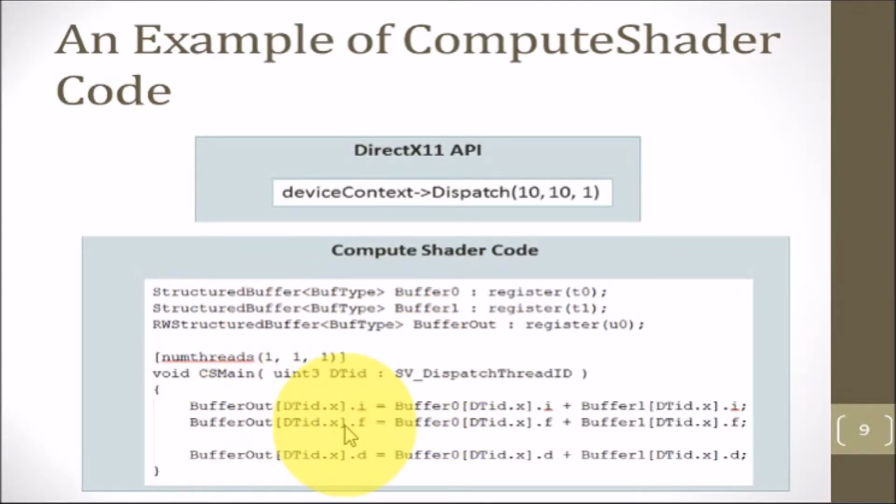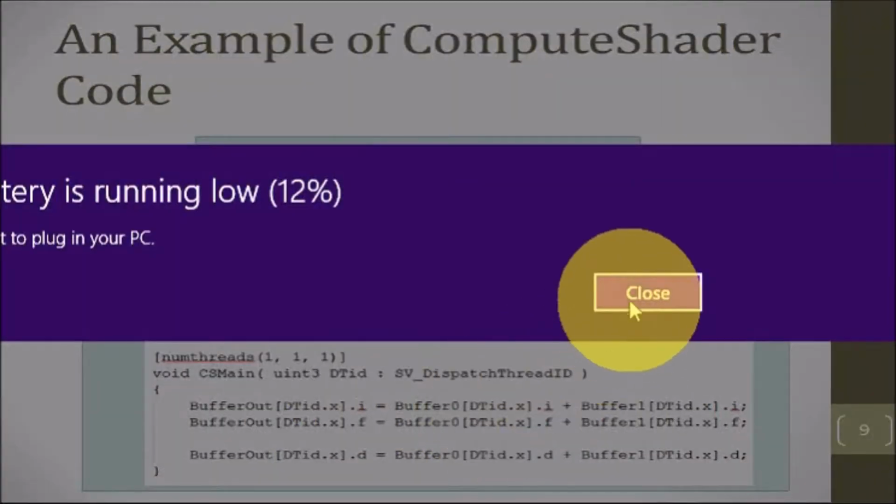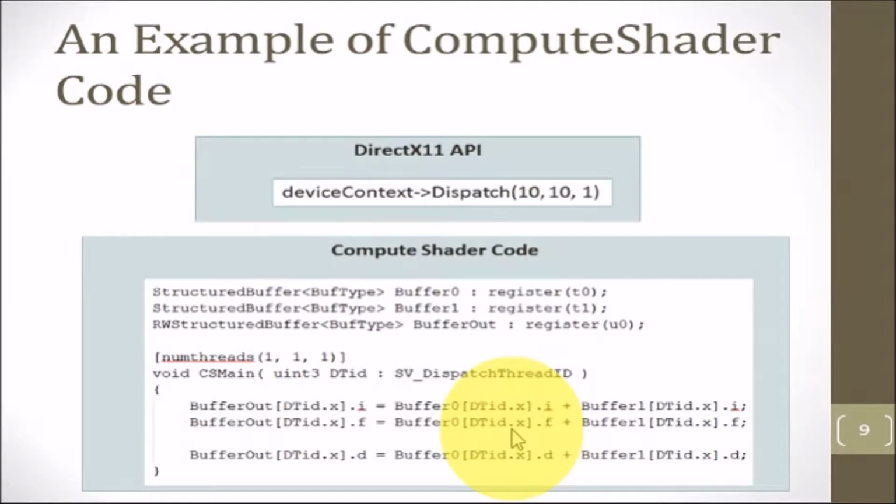In the main method there is a dispatch thread ID which is used to access the arrays from the data structure using dispatch thread ID x and y coordinates.